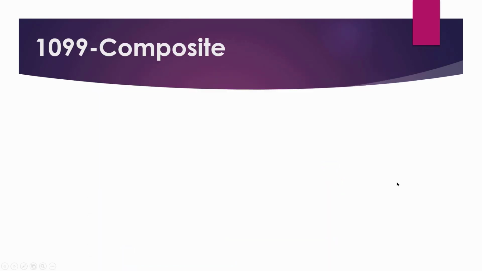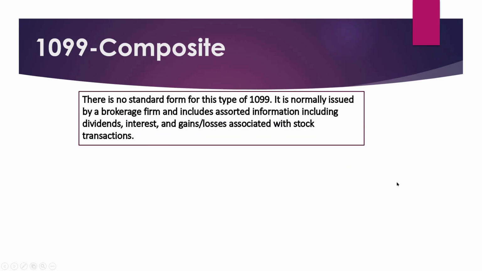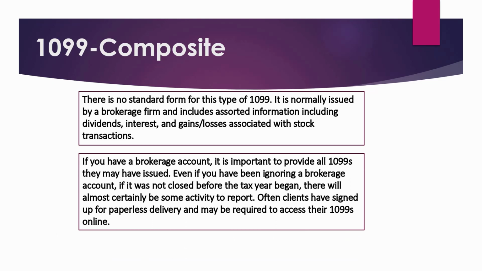1099 composite. There's no standard form for this type of 1099. It's normally issued by a brokerage firm and includes assorted information including dividends, interest, and gains or losses associated with stock transactions. If you have a brokerage account, it's important to provide all 1099s that may have been issued.